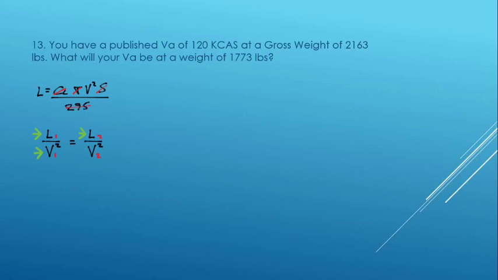Start with the lift formula, cross out everything that we don't need. Move all of condition 1 to the left side of the equal sign and condition 2 to the right side. So the knowns, we have lift under condition 1, which is the gross weight of the airplane divided by the velocity for that particular weight, and we're given the new weight.